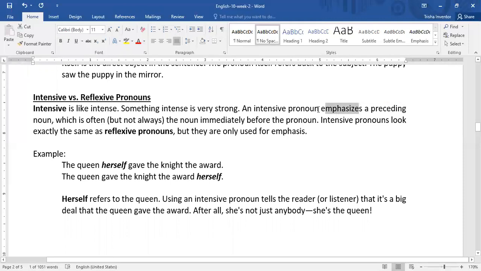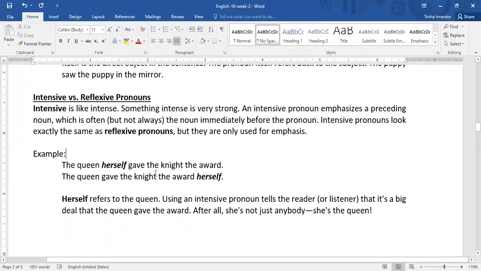Okay? It emphasizes a preceding noun. When we say preceding, before. Okay? So, meaning, the intensive pronoun emphasizes the noun before it.